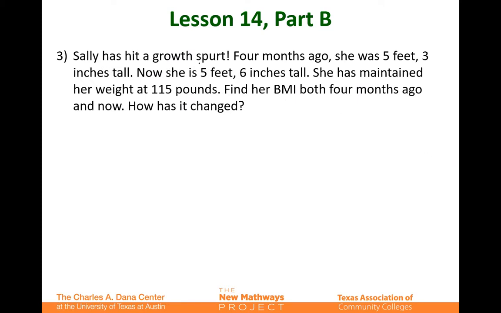It says Sally has hit a growth spurt. 4 months ago, she was 5 foot 3 inches tall. Now she is 5 feet 6 inches tall, but she has maintained her weight at 115 pounds. Find her BMI both 4 months ago and now. How has it changed? So her BMI is 115 over her height squared times 703.